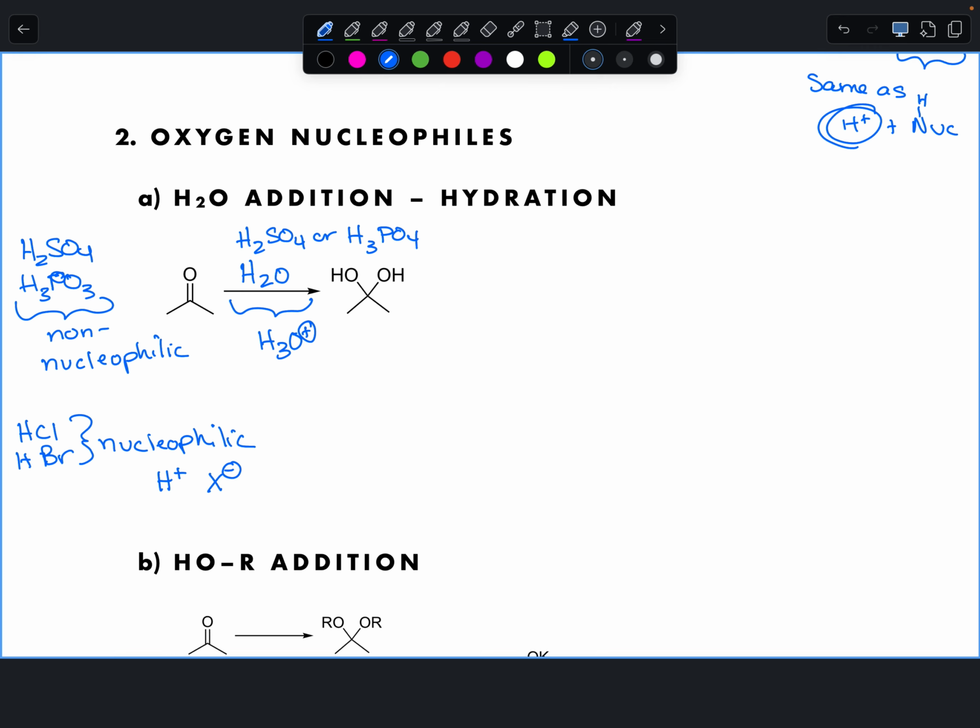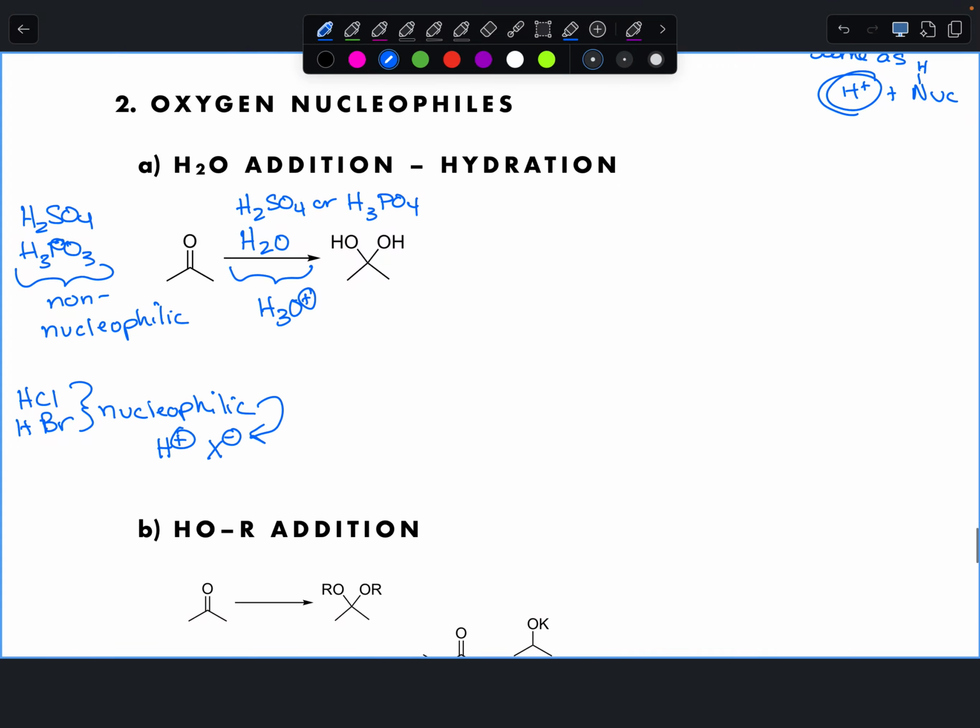The second one is under basic conditions. Once again, a good way to recognize that is you see this metal right here, you see potassium.